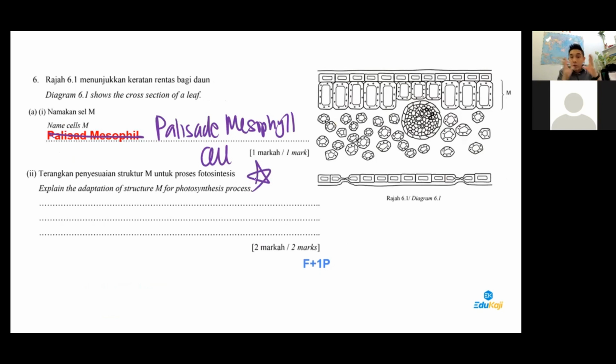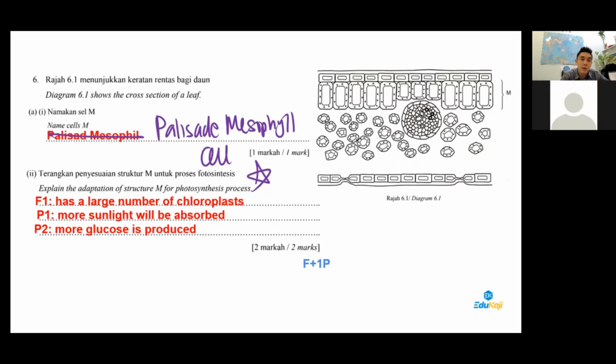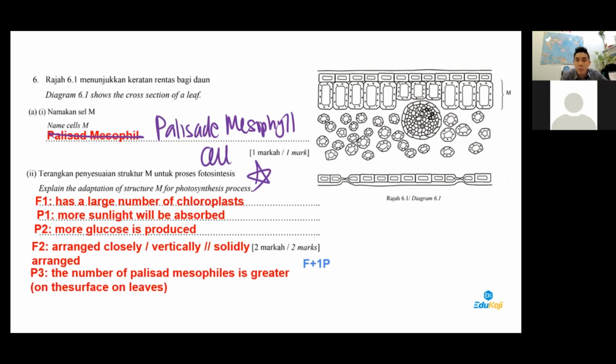You can say they are arranged very closely. They are packed with a lot of chloroplasts, so more sunlight will be absorbed. Or you can say they are arranged very closely, same thing, to absorb more sunlight.